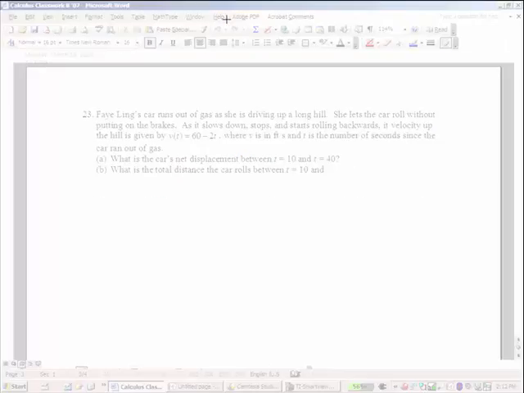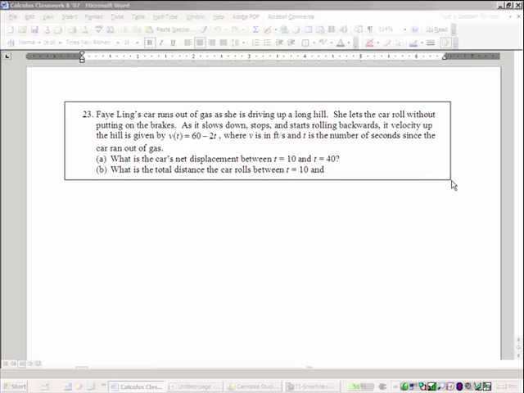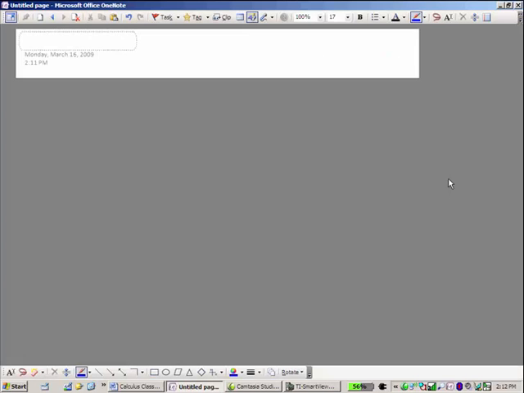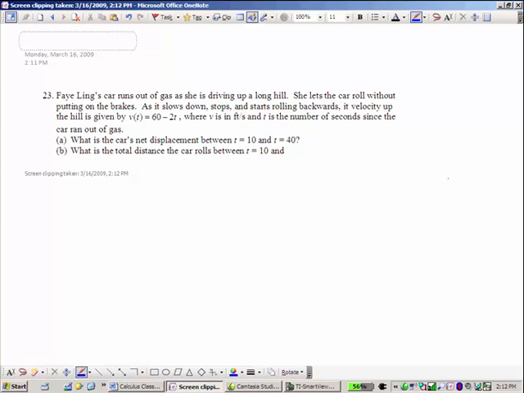As it slows down, stops, and starts rolling backwards, its velocity up the hill is given by v, where v is in feet per second and t is the number of seconds since the car ran out of gas.